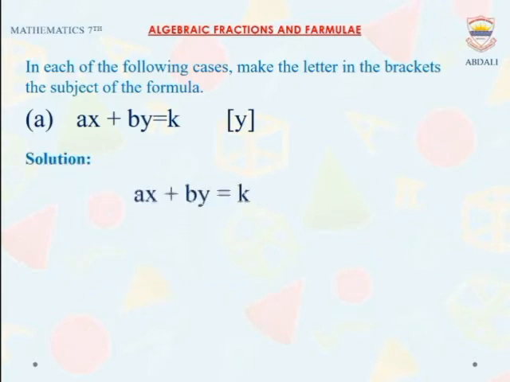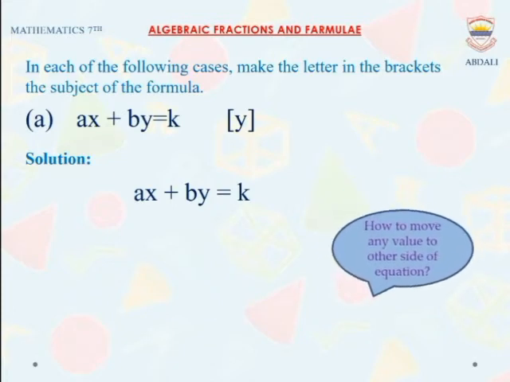Firstly, we will rewrite our question as it is, and after that a question will come in your mind: how to move any value to the other side of the equation? Yes, think about it. Yes, we know the rules of the equation: if one value is added on one side, it will be subtracted on the other side, and if one value is subtracted on one side, it will be added on the other side.